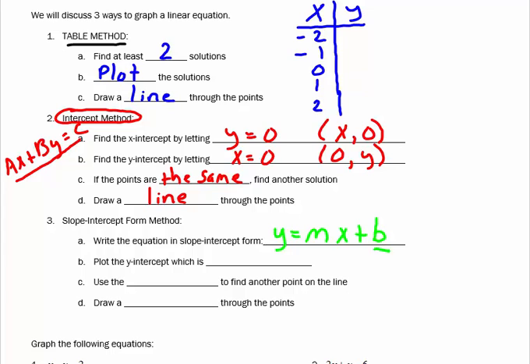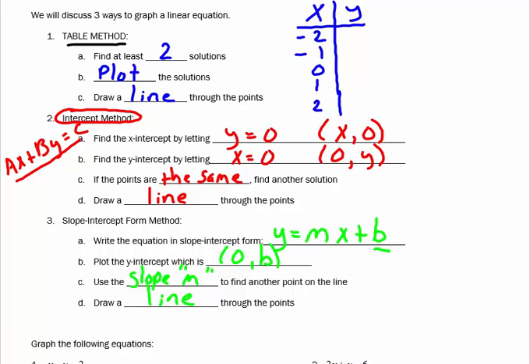So to plot the y-intercept, it's going to be (0, b). Remember, to be a y-intercept, x has to be 0. Then you're going to use the slope, which we call m, to find another point on the line. Once you do that, you will draw a line connecting those points, and you're good to go.